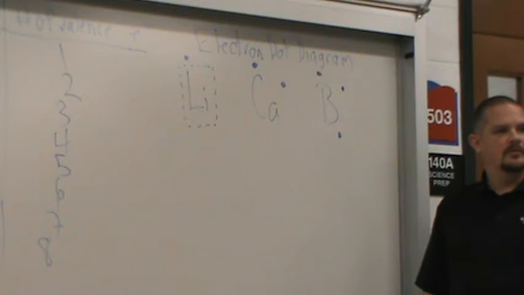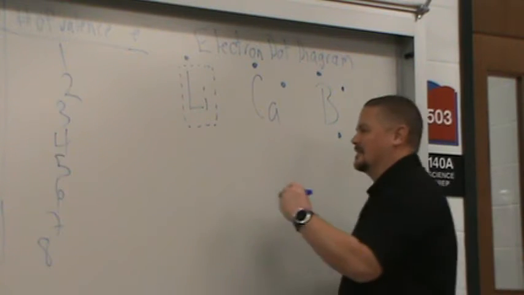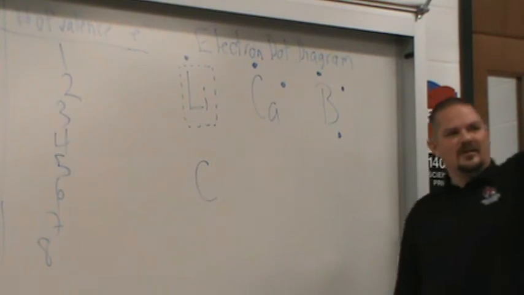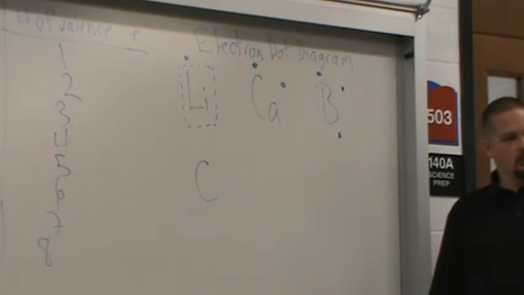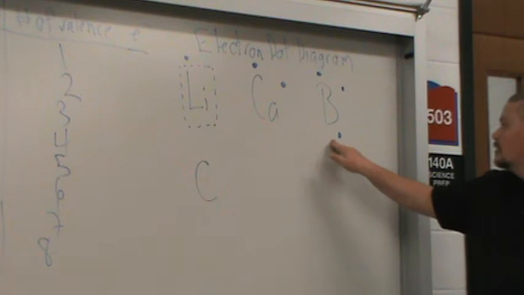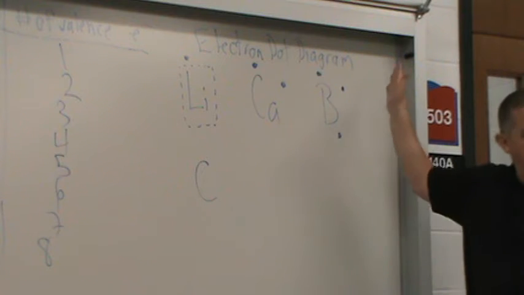Do my two dots have to be in the same place as they were on the other one? So I can move it around each time? Yeah. I always start at the top and work my way around clockwise. You can start at the bottom and work counterclockwise or clockwise.